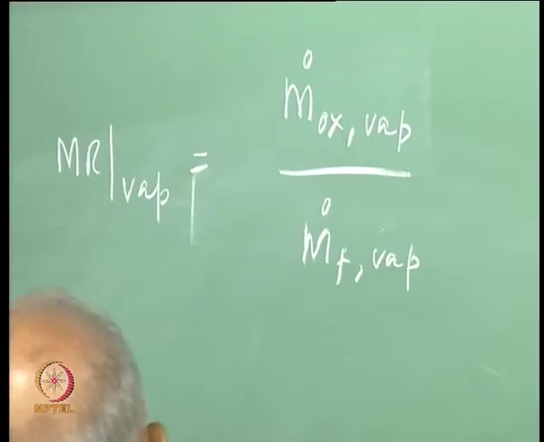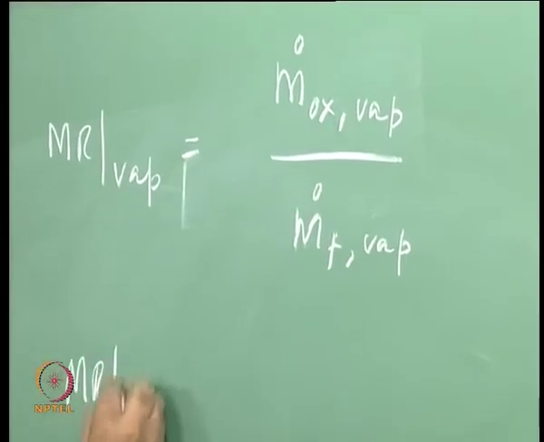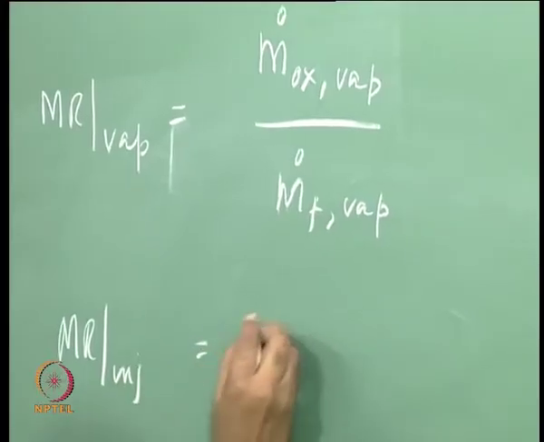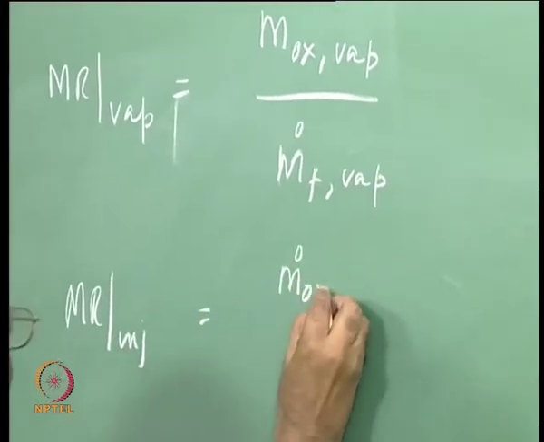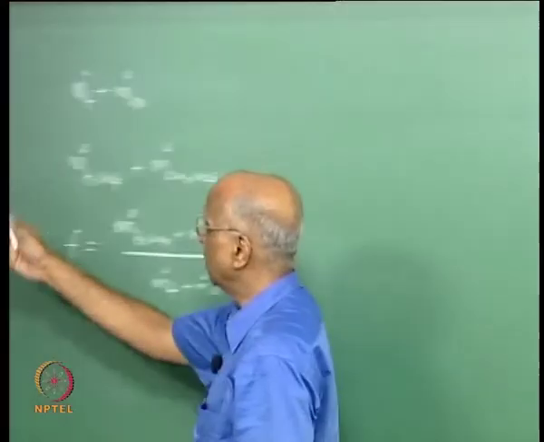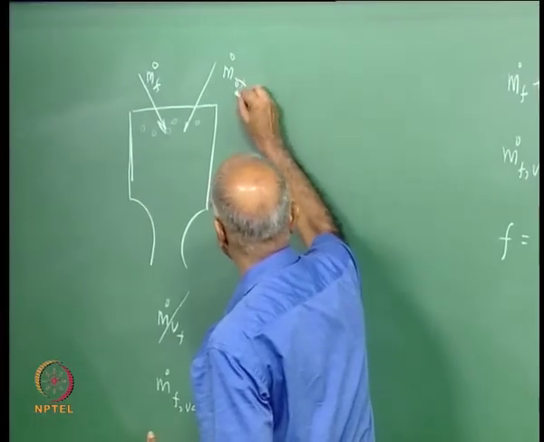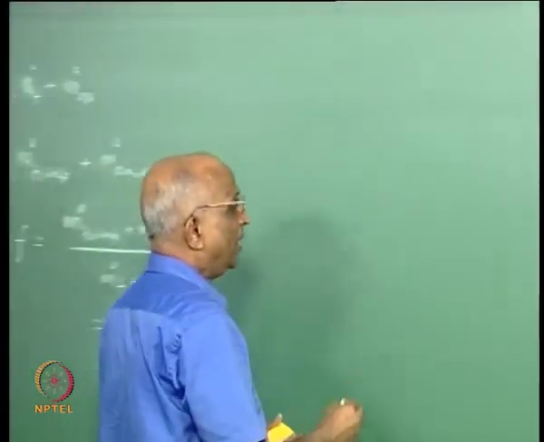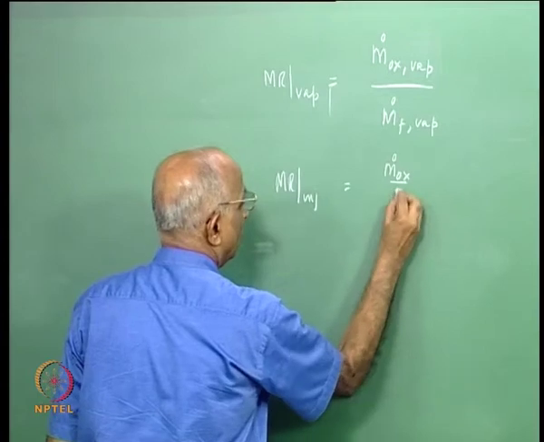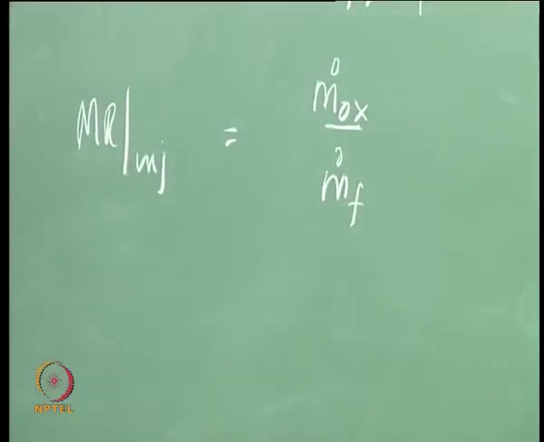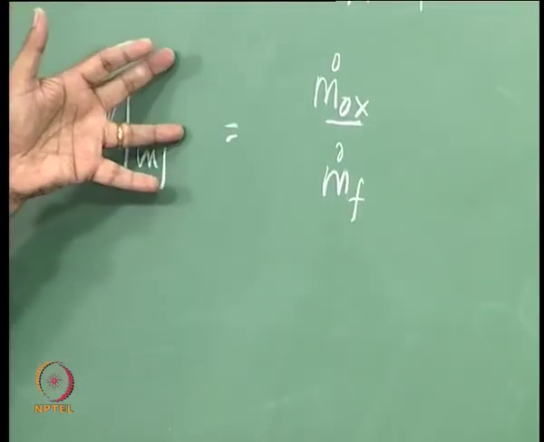Now, the mixture ratio at injection is equal to m dot oxidizer which is injected divided by m dot fuel which is injected, and this is going to be different from this.